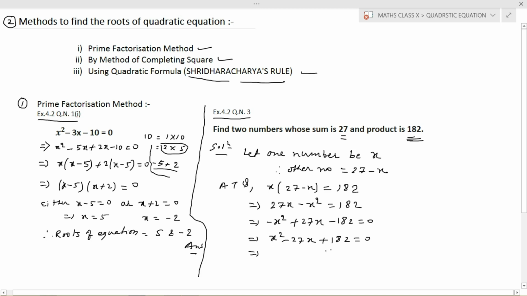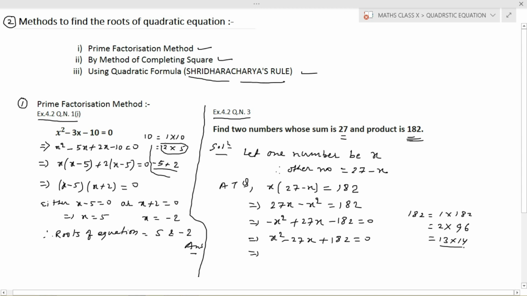On the left hand side you have to go for factorization, by splitting the middle term. For splitting the middle term, write all the factors of 182: 1 into 182, 2 into 91, and so we get 13 into 14, and 13 plus 14 is 27.